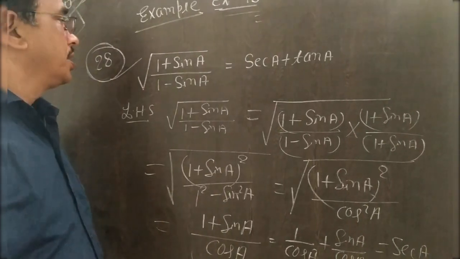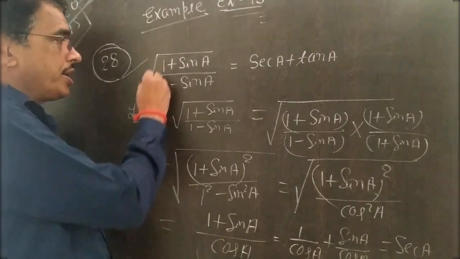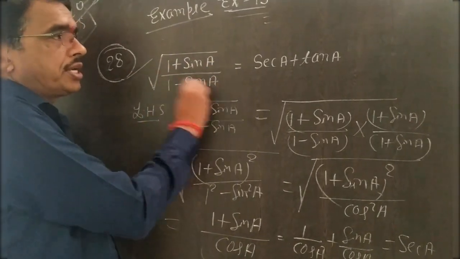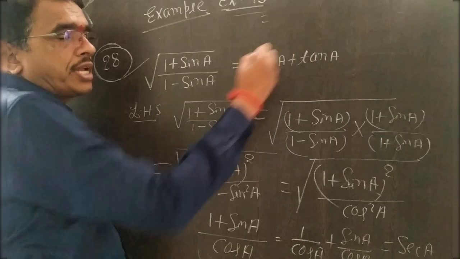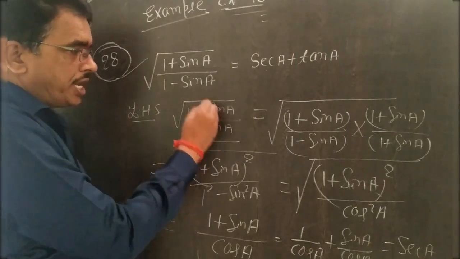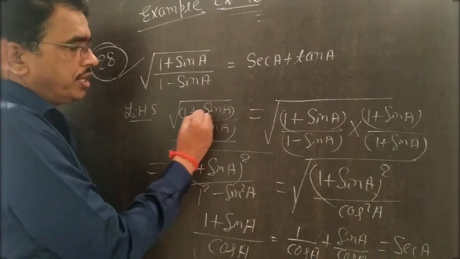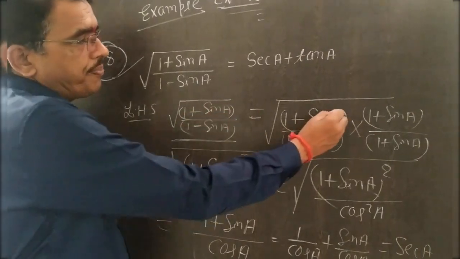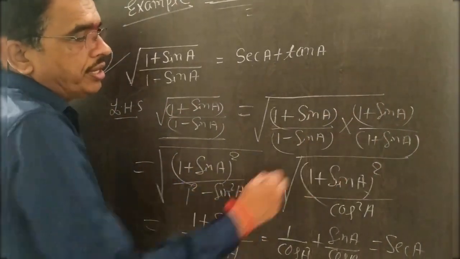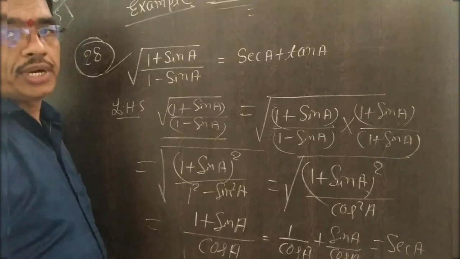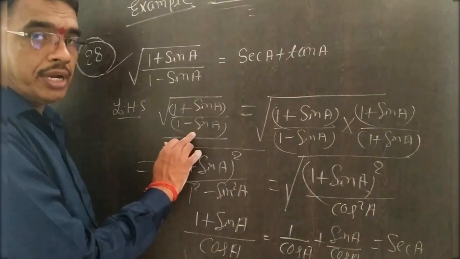Here is 28, that is under root 1 plus sin a by 1 minus sin a equals sec A plus tan A. I write the LHS first. It is 1 plus sin, it is 1 minus sin. So multiply both by 1 plus sin, like rationalizing the denominator, though it is not a denominator, but like a denominator.